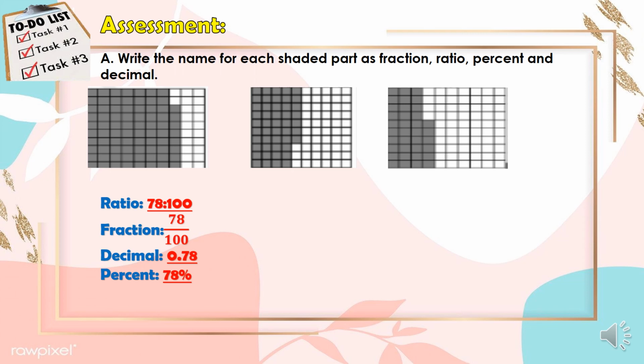These are the answers for the first illustration. For the ratio, we have 78 is to 100. For the fraction, we have 78 hundredths. For the decimal, we also have 78 hundredths. And for the percent, we have 78%. For illustrations 2 and 3, you can work on that.